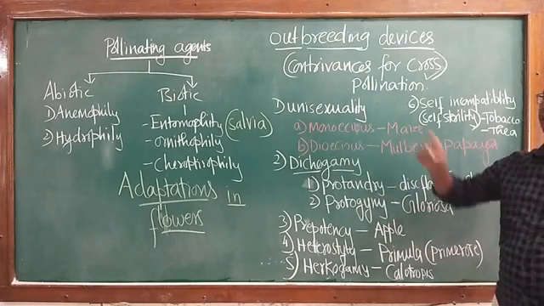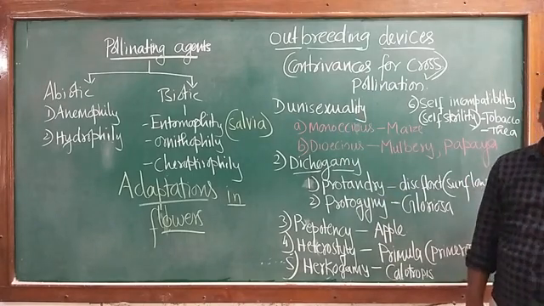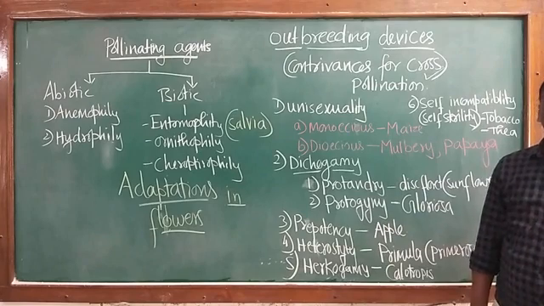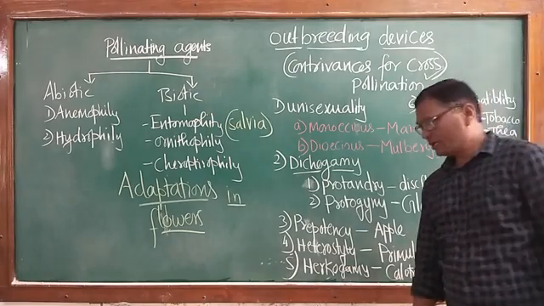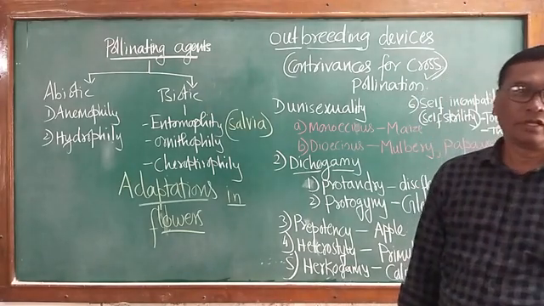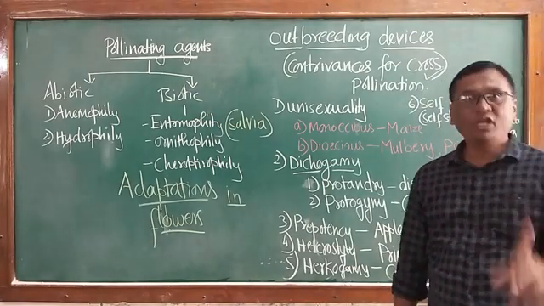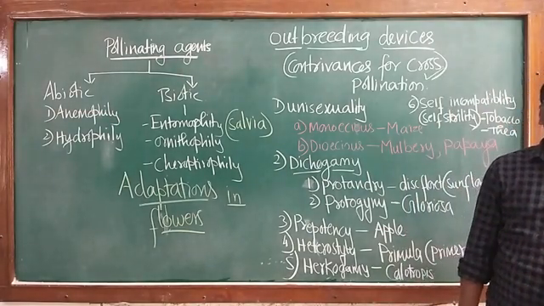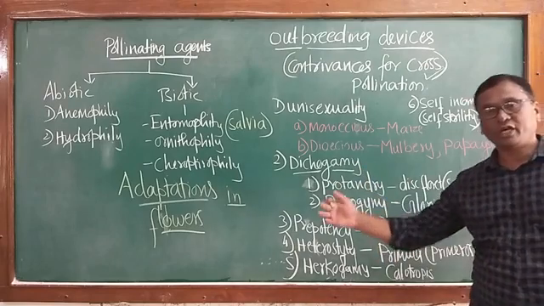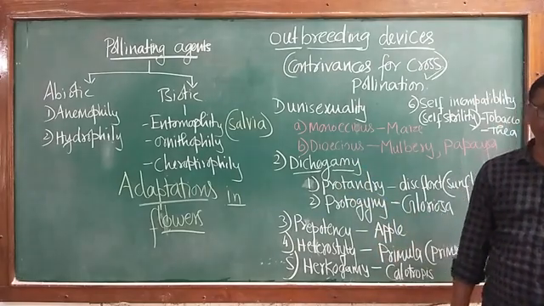As the word itself suggests, in many plants the flowers are unisexual. It means the flowers bear only either the androecium, the stamens, or only the gynoecium.